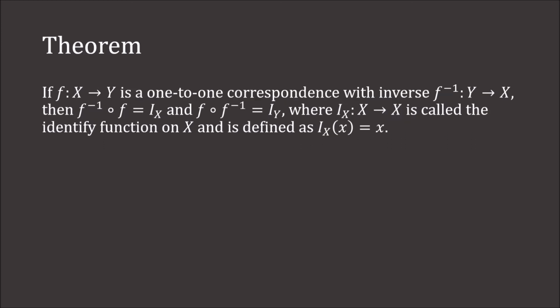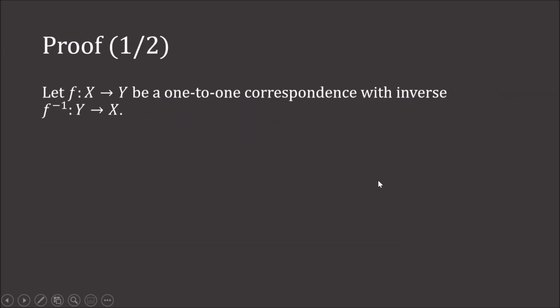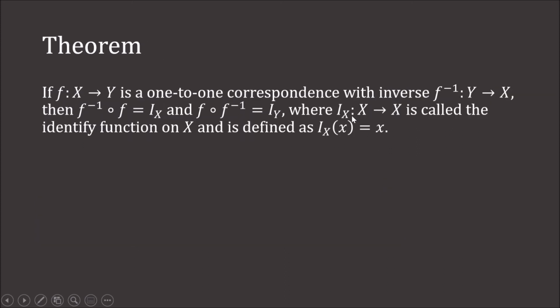So if f from x to y is a one-to-one correspondence with inverse f inverse from y to x, then f inverse of f is equal to I sub x, and f of f inverse is equal to I sub y, where I sub x goes from x to x and is called the identity function on x, which is defined as I sub x of x is just x. So whatever element I put into it, it spits that value right back out.